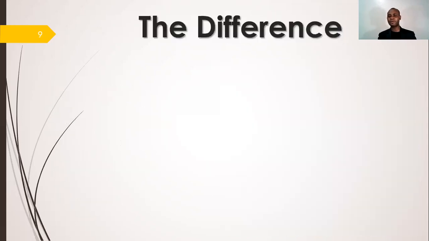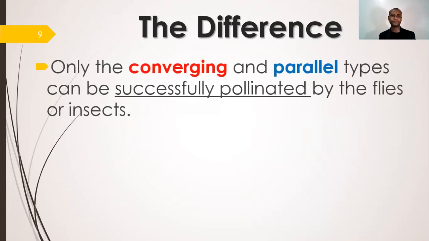And we are going to look at the differences between the three types of flowers and which of these flowers really ensures most fertilization or pollination. Okay, so only the converging and parallel types of flowers can be successfully pollinated by flies or insects.